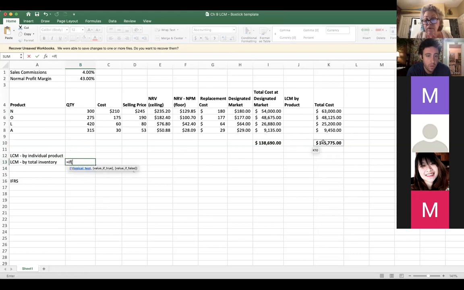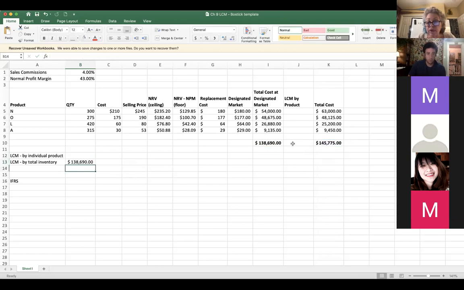So if cost is less than market, then put cost. If it's false, put my designated market. And of course, we could visually see on this one that my designated market is lower, and that is what I would report on my balance sheet.